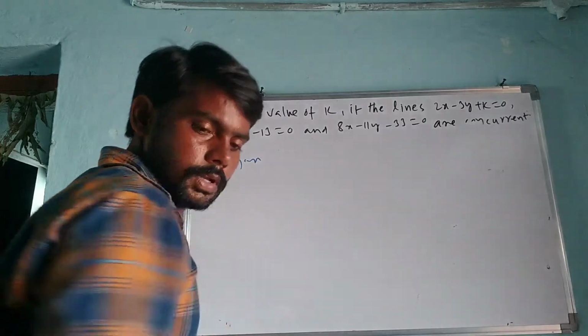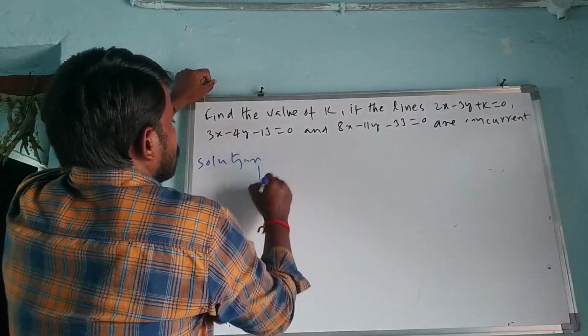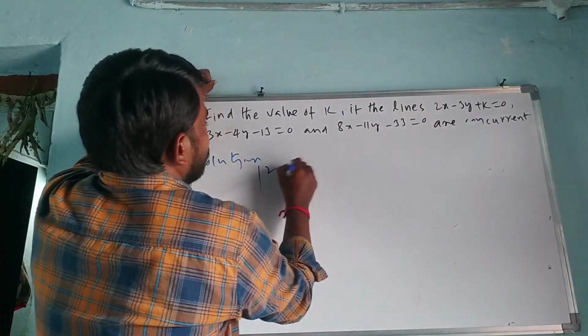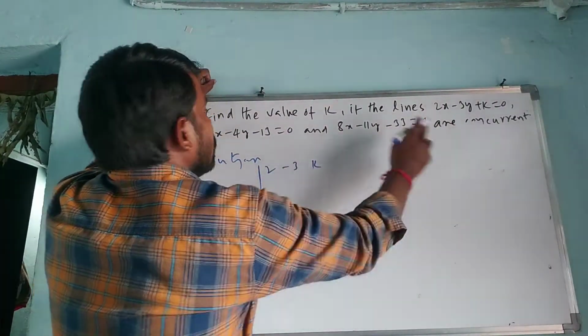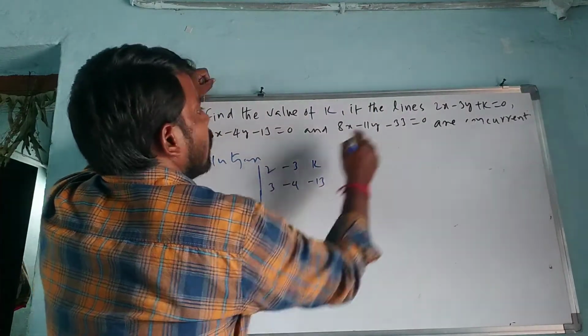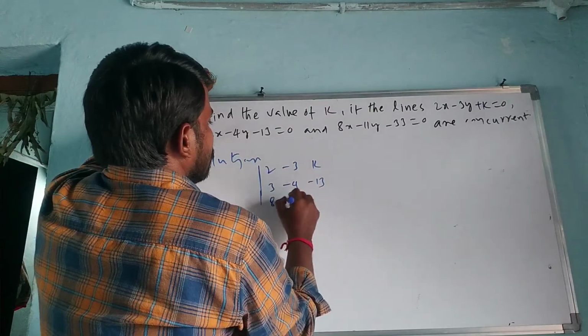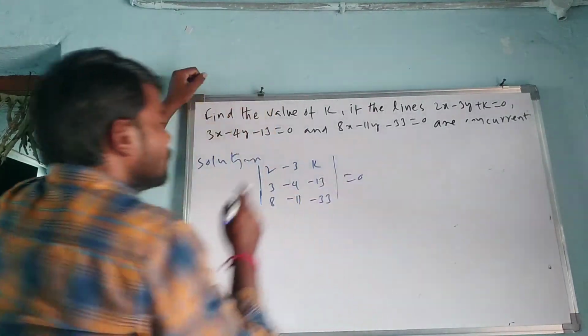So using that, we have to take the coefficients and also the constant k: 2, 3, minus 4, minus 13, and then 8, minus 11 and minus 33, is equal to 0. It is determinant form.